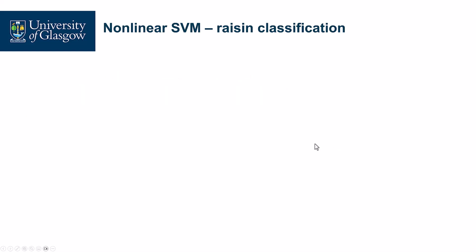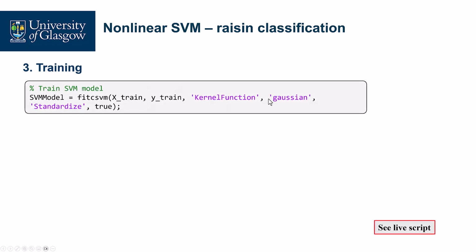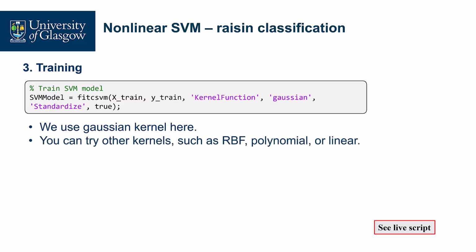Now we do the training. The function is similar as before, except here we use a Gaussian kernel as the kernel function. The reason is that we don't know any information from this data set, so we first try the Gaussian one. But clearly you can try others, for example, the RBF, the polynomial, or linear.